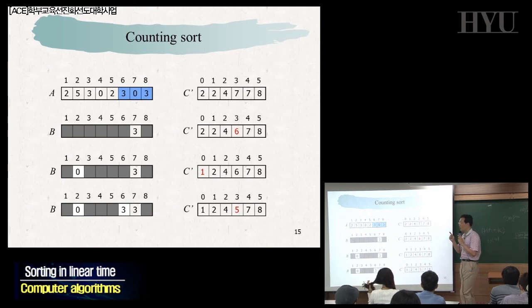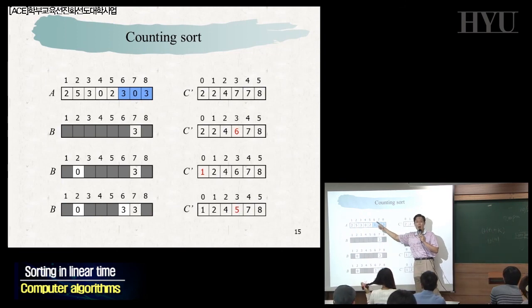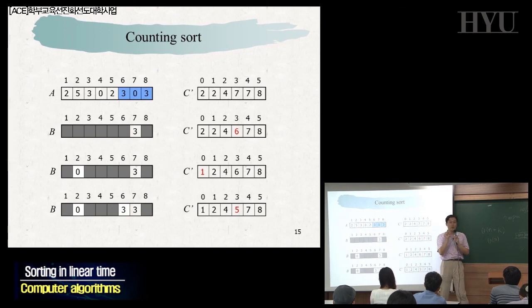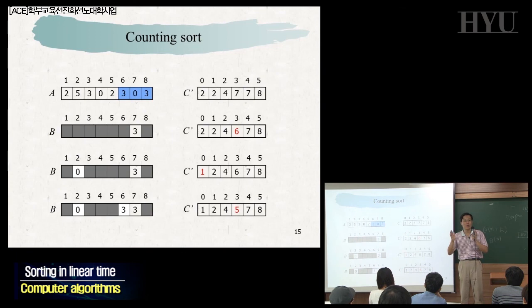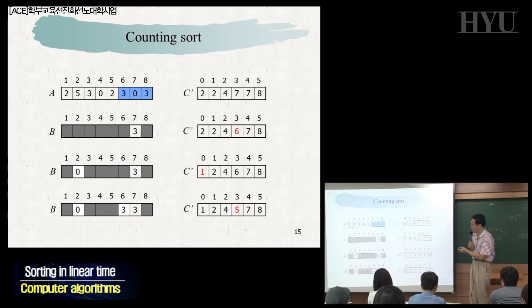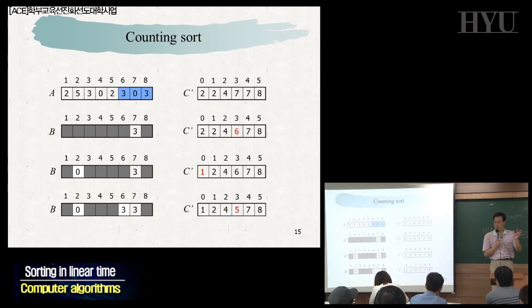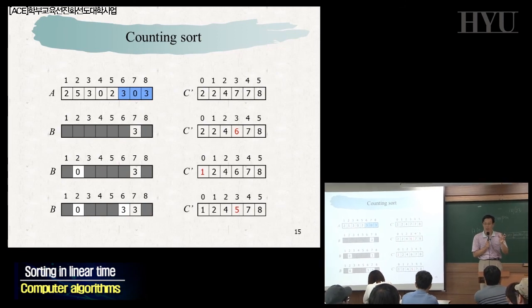Then, by scanning backward, we can guarantee that their orders between same entries are preserved. Look at these 2 3s. The latter 3 is stored here, and the former 3 is stored here. So their orders are preserved in the output array.